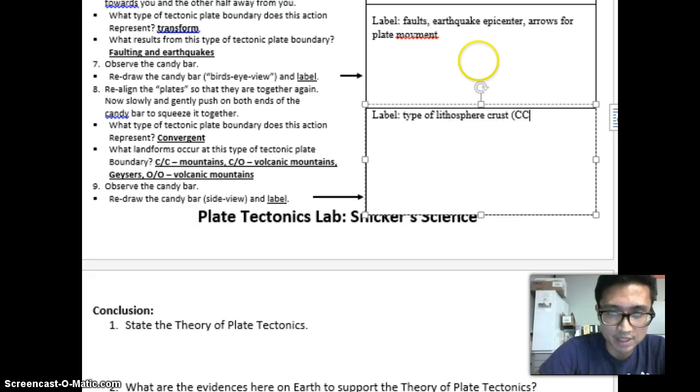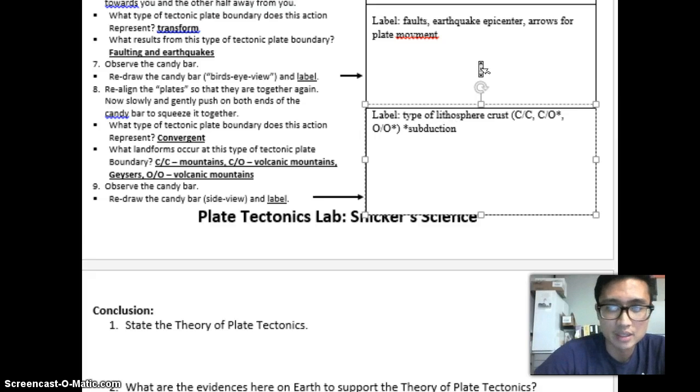For example, continental-continental, continental-oceanic, and oceanic-oceanic. Now when you have continental-oceanic and oceanic-oceanic, you can have subduction that's occurring. So I'm going to put an asterisk by those because subduction can occur.